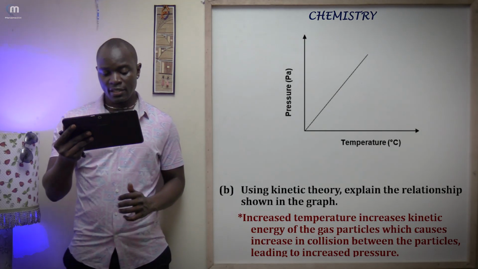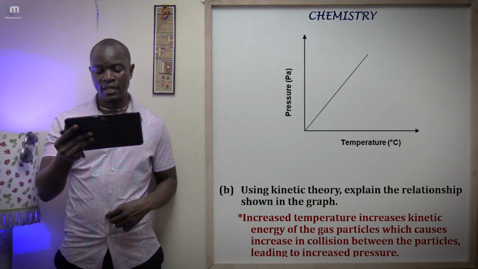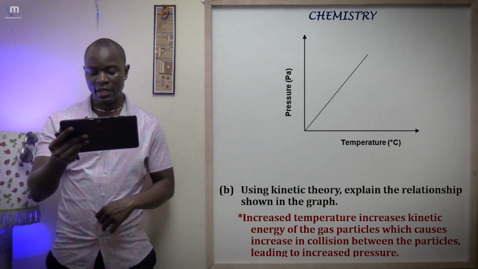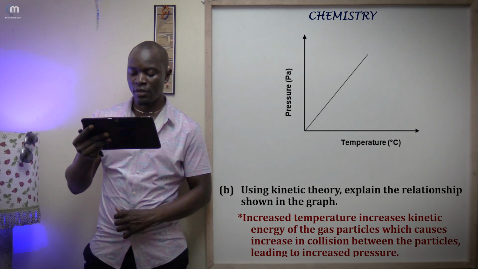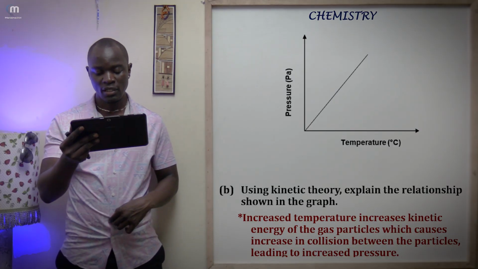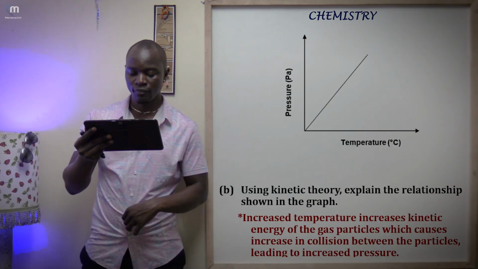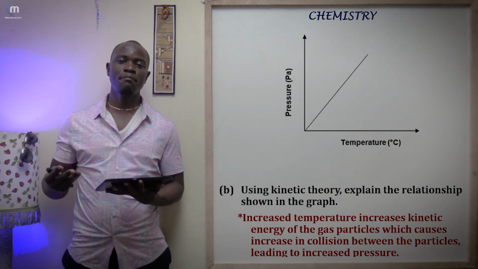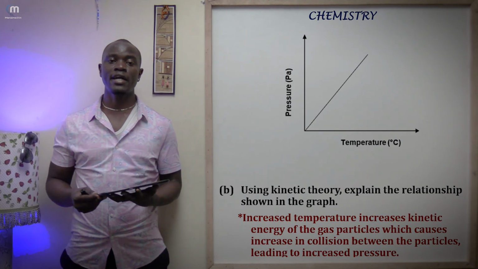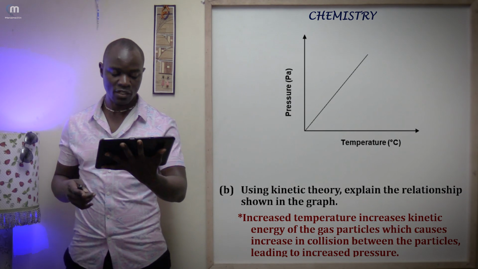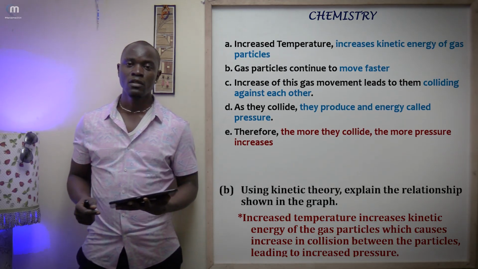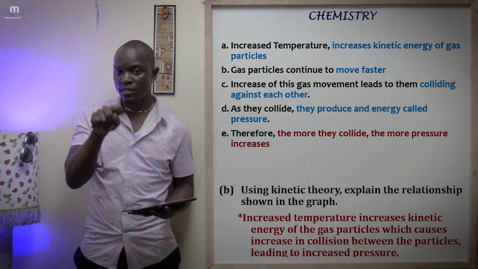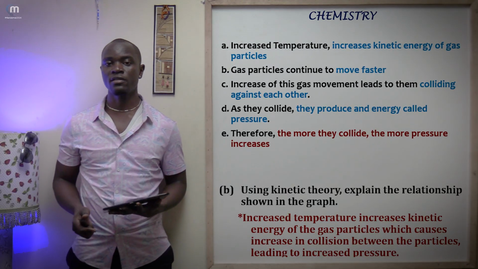So question B is asking, using kinetic theory, explain the relationship shown in the graph. You can see that as the temperature increases, the kinetic energy of these gas particles is also going to increase.